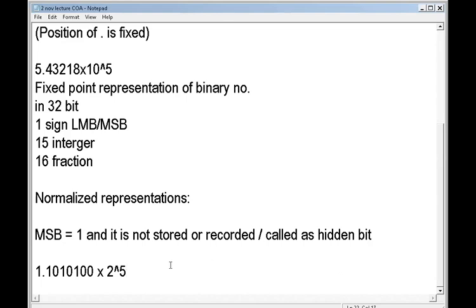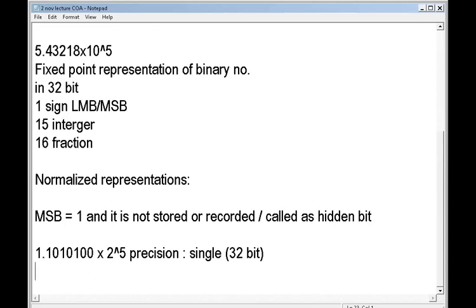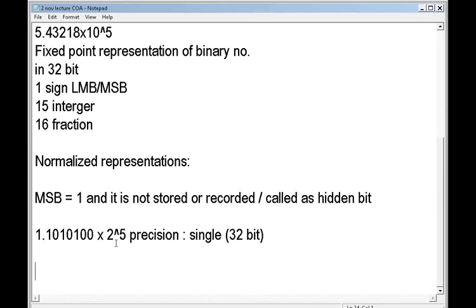Now suppose the precision is given as single, or you can say 32 bit. Then the significant, the one which I have highlighted, is not stored in the register at all.